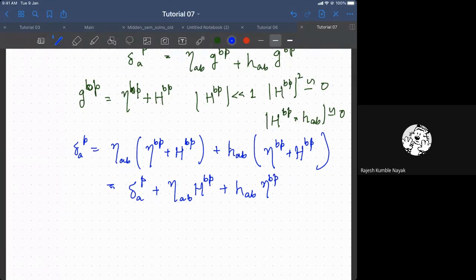Is this okay, this step from up to down? The first, because upper and lower Minkowskian metric are inverse of each other. Second, all other terms remain the same except the last one, which goes to 0 because of the approximation of linearity.